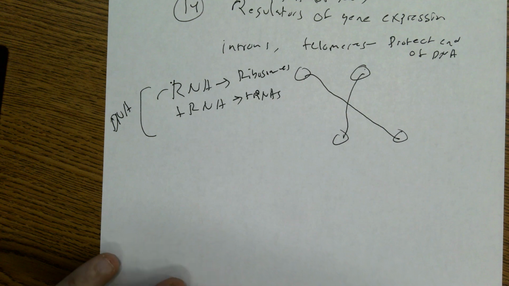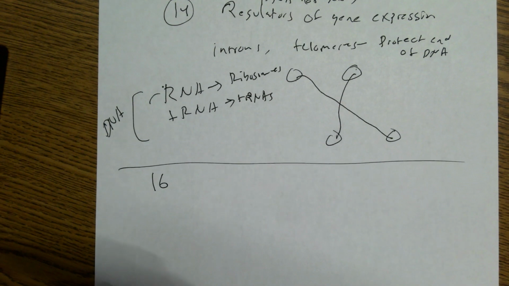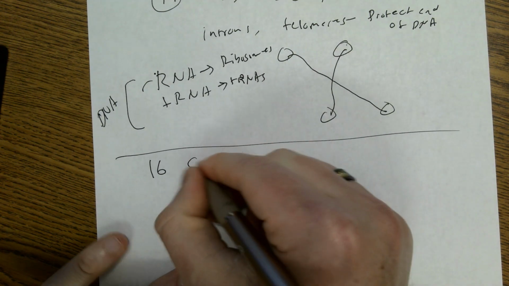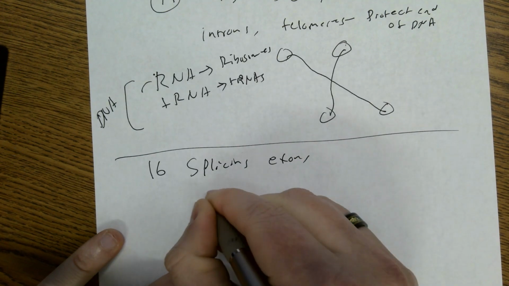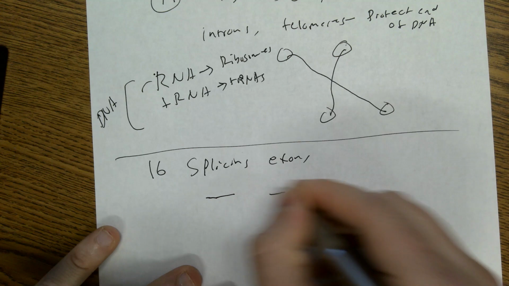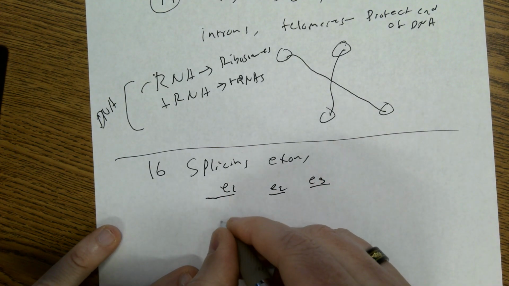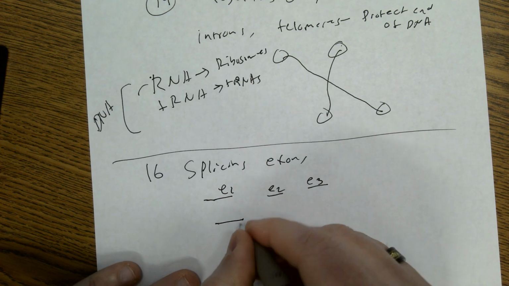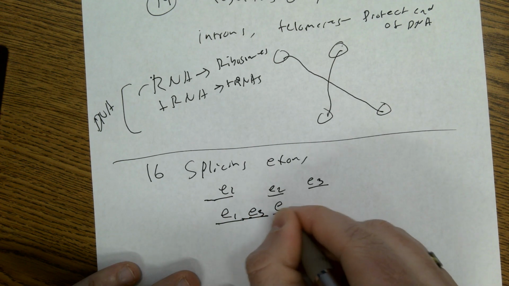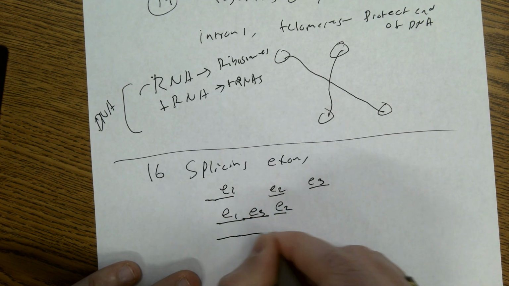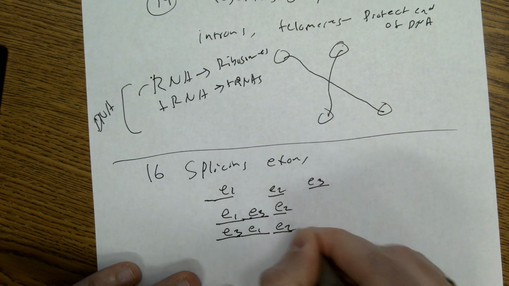All right. Now, this last one here is an interesting one, and it's splicing of those exons. So if you have 3 exons, E1, E2, and E3, there is some evidence, not a lot, some evidence that you can change the order of these, which gives you different proteins, right?